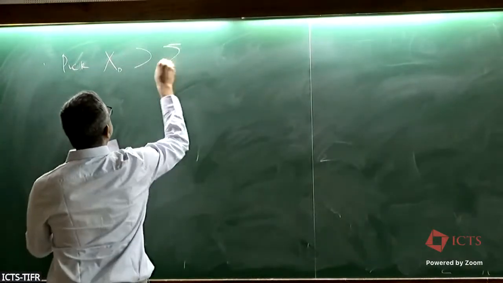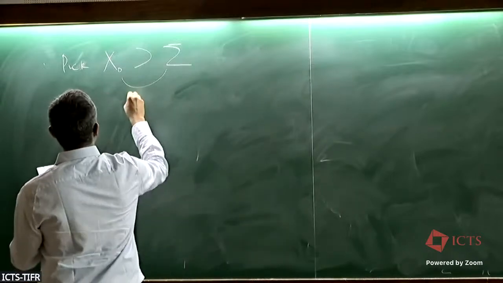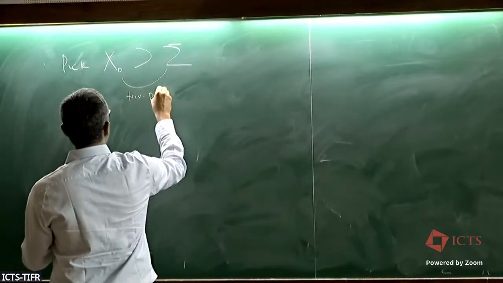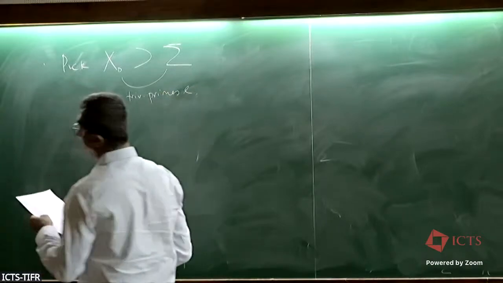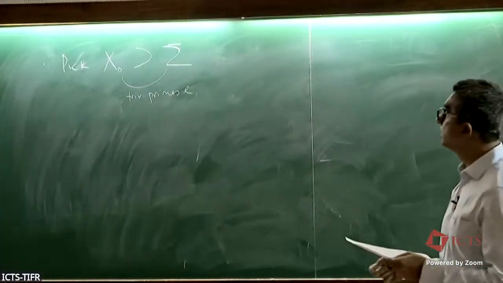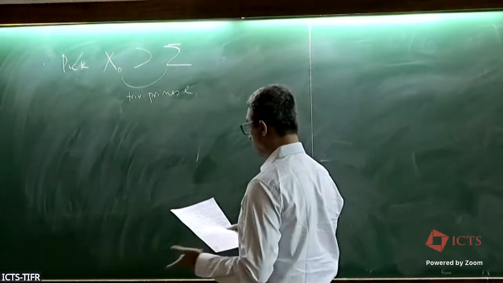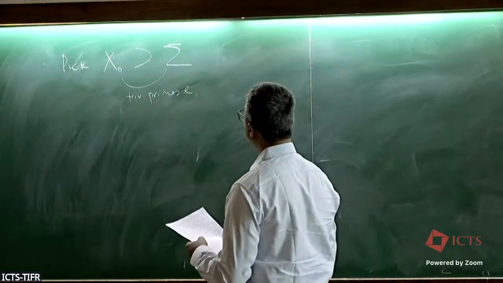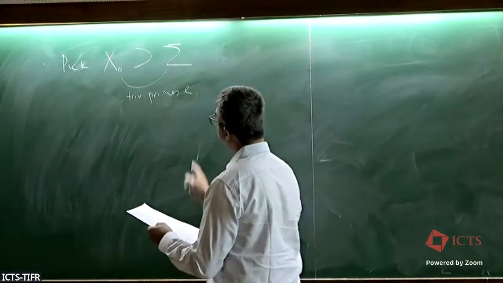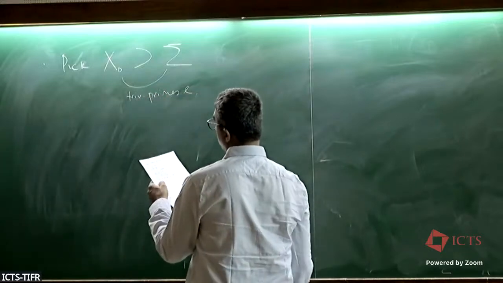Pick X_0 contained in sigma. These are what they call trivial primes. So these are primes L congruent to 1 mod p, but L not congruent to 1 mod p squared, and rho bar restricted to the Galois group of Q_L, G_L, is trivial. So let me not define all that, but there's some special primes L that you enhance this set sigma by.